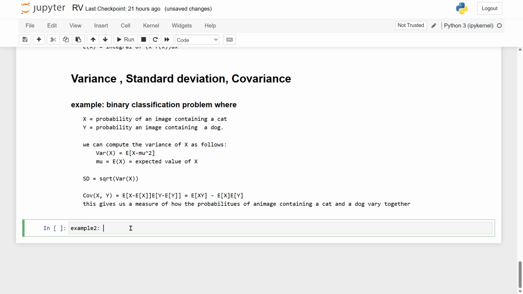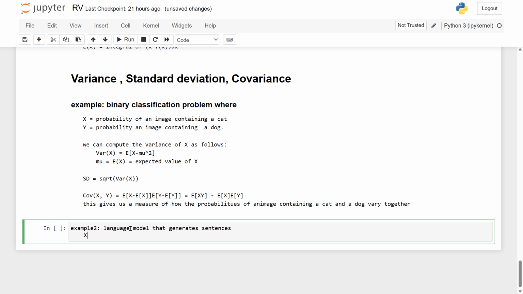So suppose we have a language model that generates sentences.